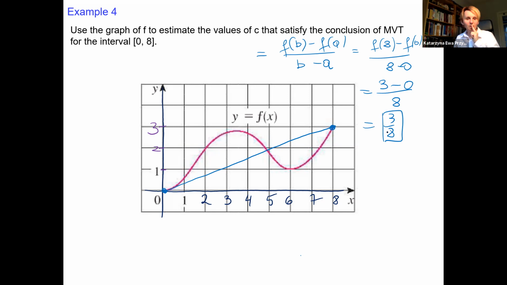Now, looking at the graph, I hope it's big enough, can we estimate where the value c is? Where is the value c where I can draw a tangent line with the same slope? Basically parallel. On this pink graph, where can I draw a tangent that must be parallel?